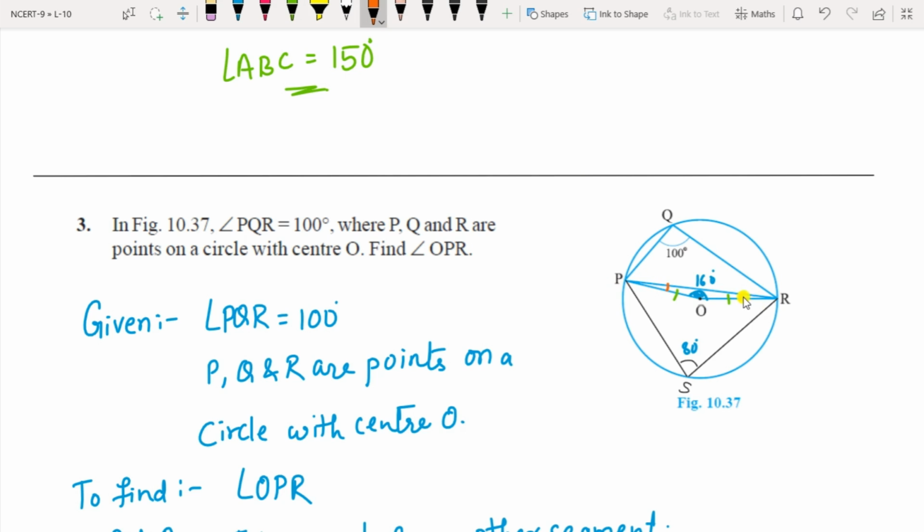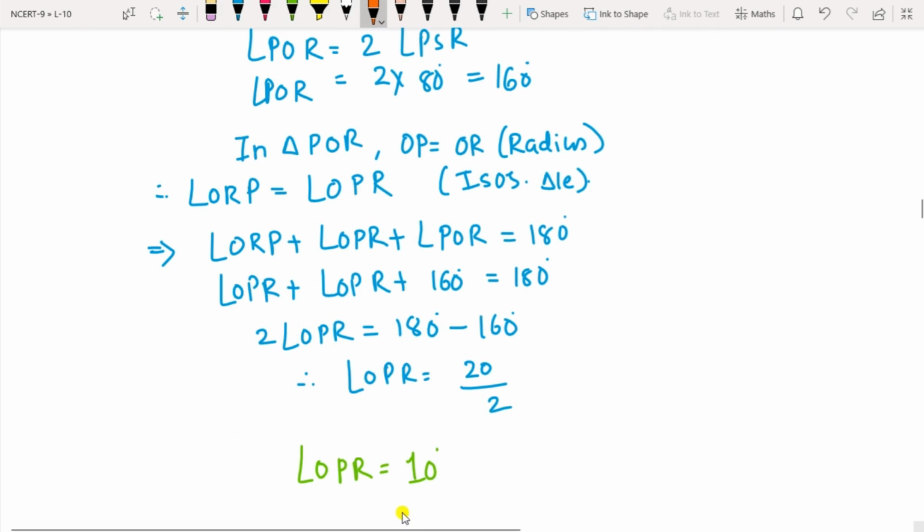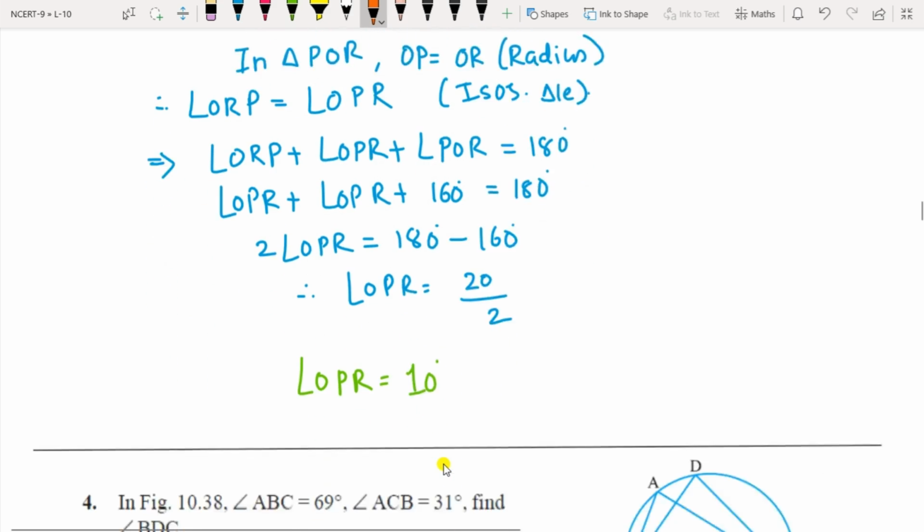So x plus x plus 160 equal to 180. That is sum of the angles of the triangle, and then you can find the x. So therefore you get here x as 10. That is OPR as 10. That is the required angle. Okay. So this is the way to solve your question number 3.